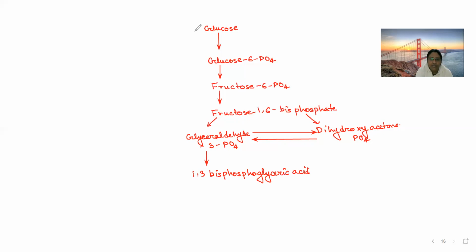Okay. After that, there will be production of 3-phosphoglyceric acid. From 3-phosphoglyceric acid, there will be production of 2-phosphoglyceric acid.